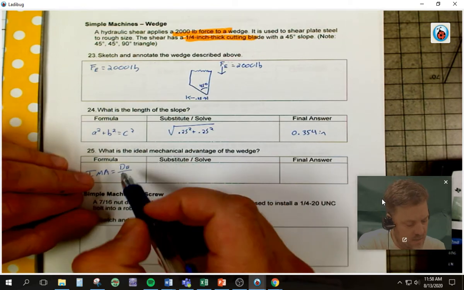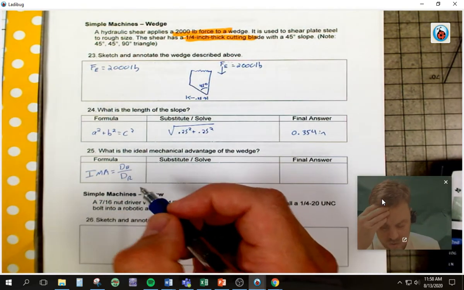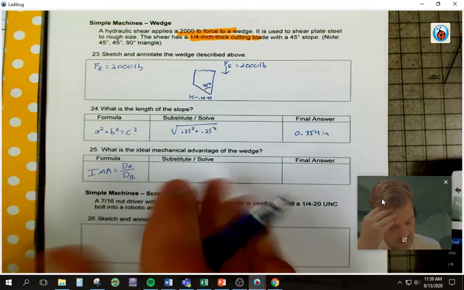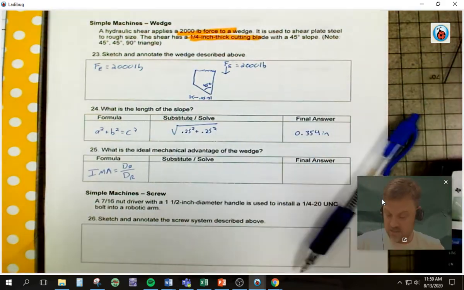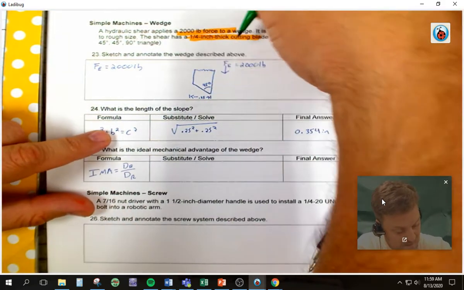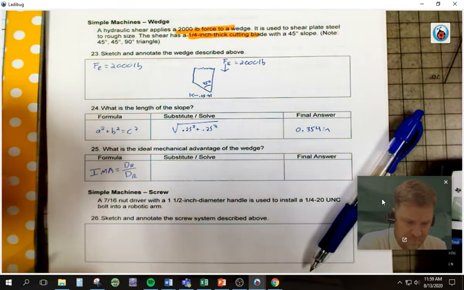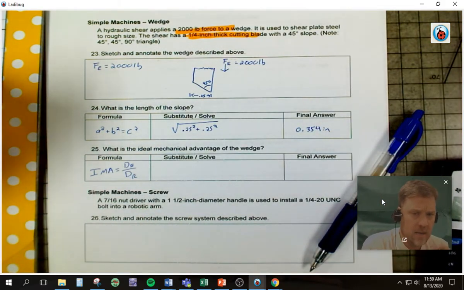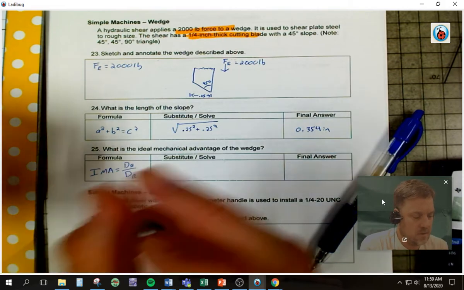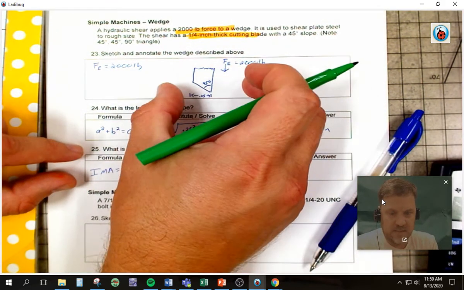And I can say, well, my distance effort, I know what that is. Okay, well, and let me just label it for you, because my force effort is going this way. Okay, well, if I think about that idea of, well, this is going to split something, right?